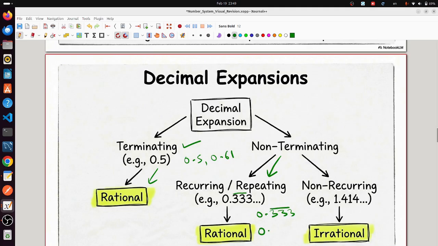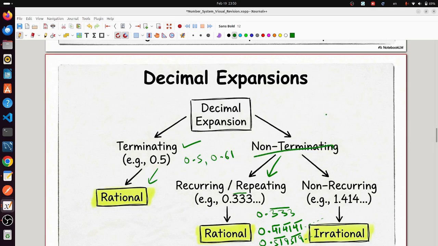Or if you consider 0.41, 41, 41, if 41 is repeated, or else 0.519, 519, like this, if 519 is repeated, this is also a rational number.